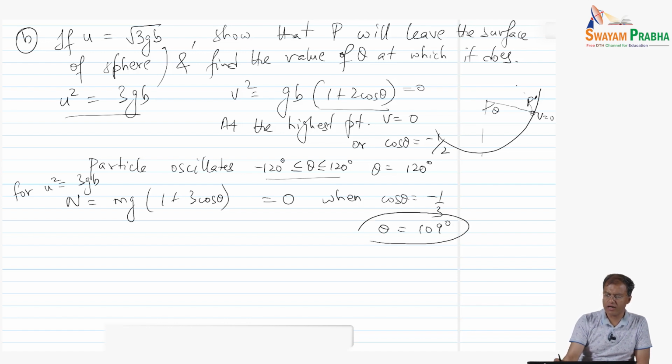So at 109 degrees the normal reaction is 0, and when theta is greater than 109 degrees, we have a negative normal reaction.